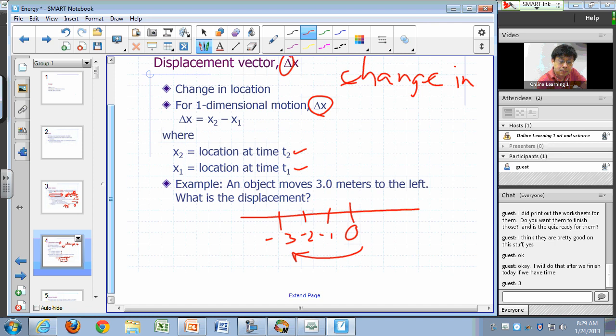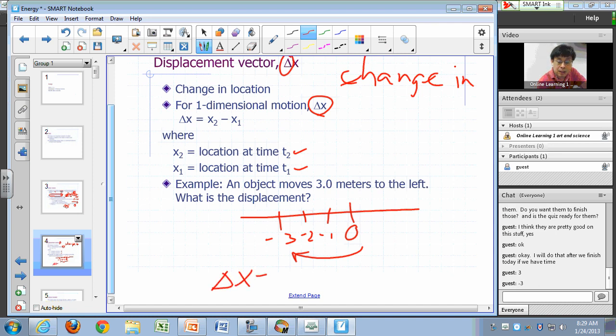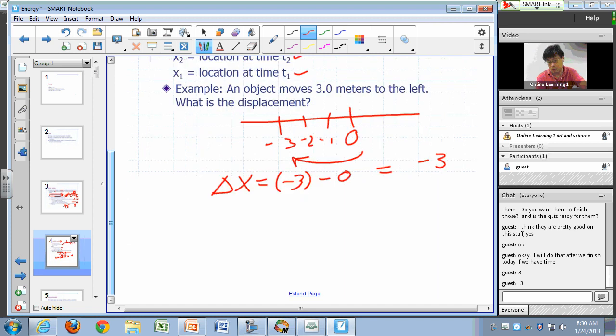Delta x would be the final location minus the initial location, which is -3. Now, that's assuming we take movement to the left as the negative direction. Like I said, that's really all up to you. As long as you do it consistently when you solve problems with a series of calculations, you just have to be consistent with it.